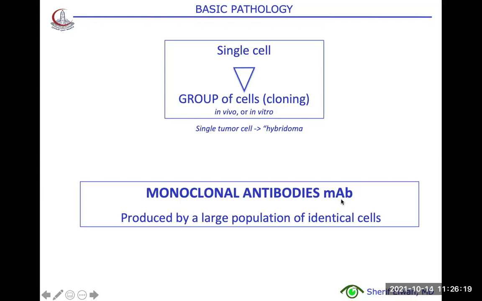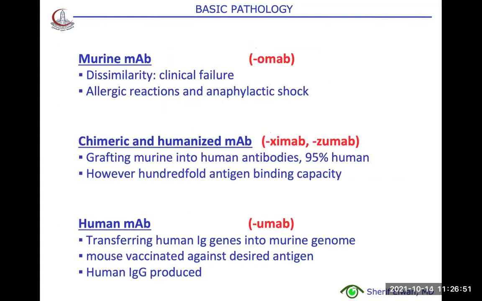MAB, monoclonal antibodies, the suffix MAB, which we read in many drugs that are recently being described, like bevacizumab, ranibizumab, and so on. So a big population of lymphocytes secretes a big amount of antibodies coming from the same clone of cells, called monoclonal antibodies.